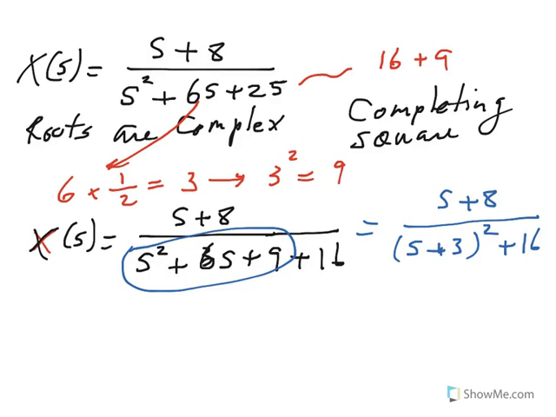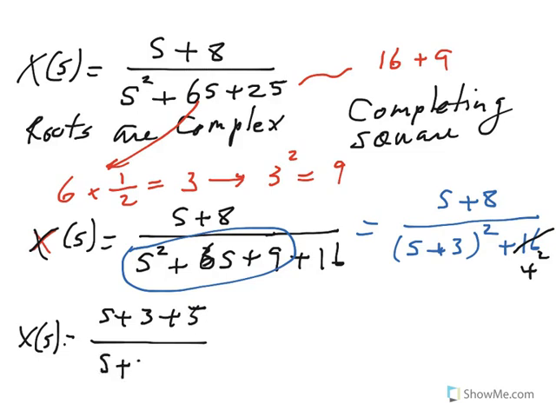So what I'm going to do here is rewrite this. Notice that this 16 is what we call omega squared, so this can be written as 4 squared. So I would write this as s plus 3 plus 5 in the numerator, because I want to have the s plus 3 in the numerator, and you'll see in a minute why.